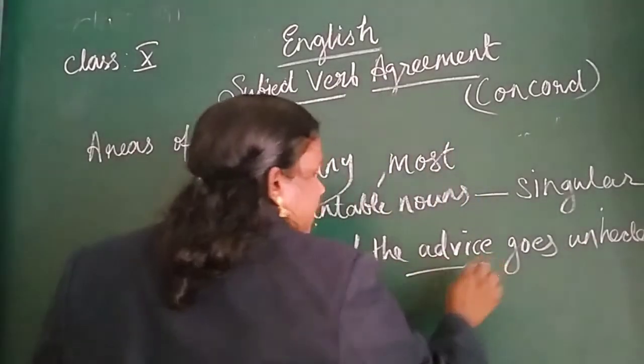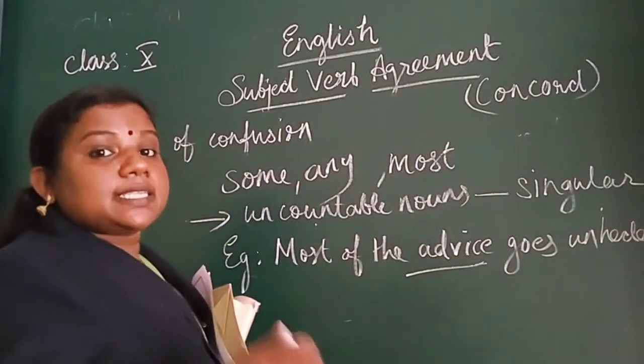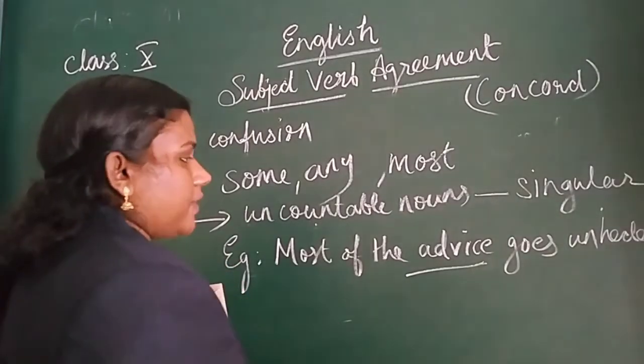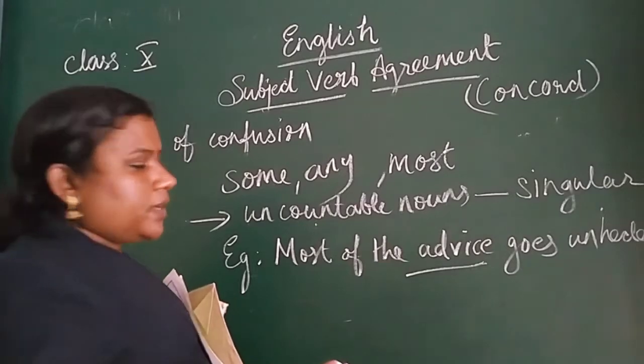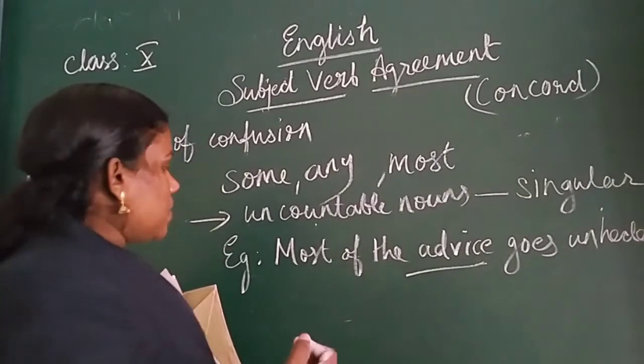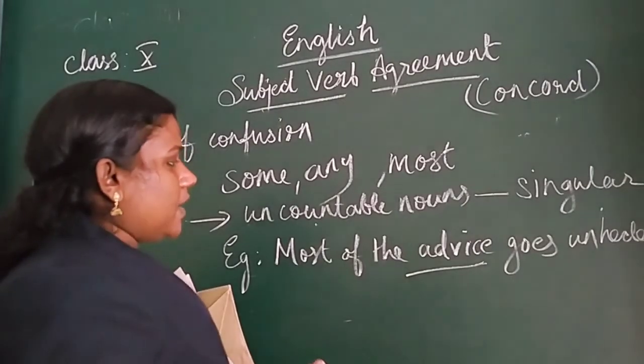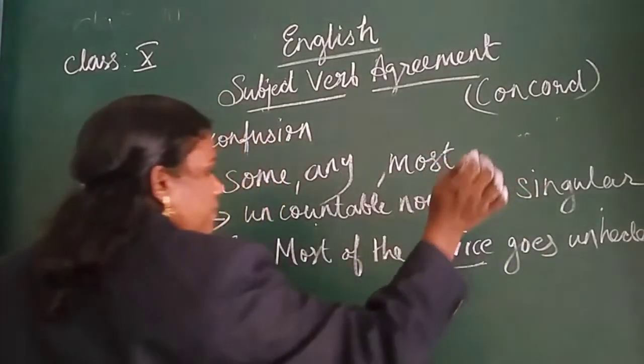Here, advice, this is the noun. It is an uncountable noun. So, most of the advice, we cannot count it. Okay, it is an abstract idea. Uncountable noun, it will take the singular form.